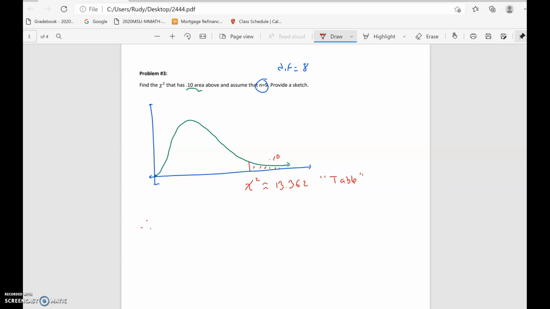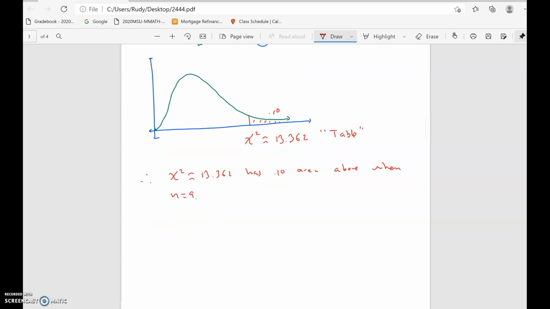So in this case, the chi-square value of approximately 13.362 has 0.10 area above it when n is equal to 9. And that's actually it for this one. It matches what we have before.